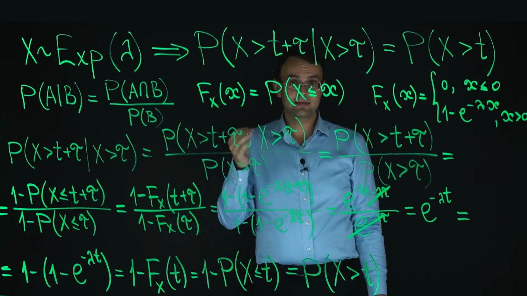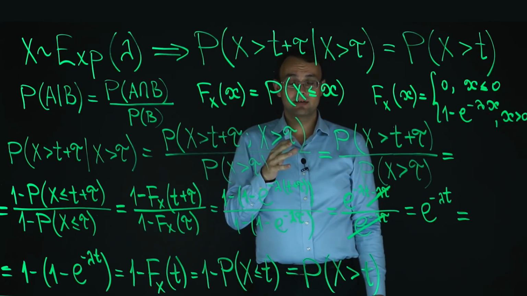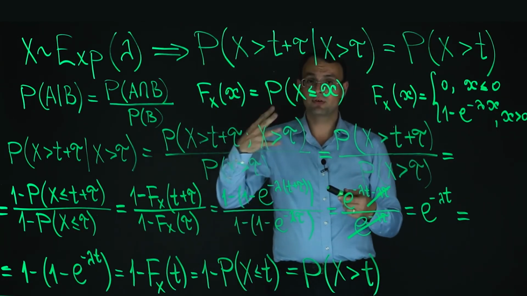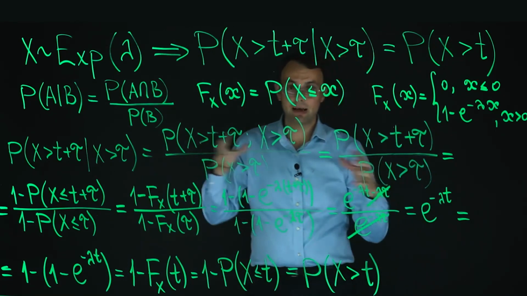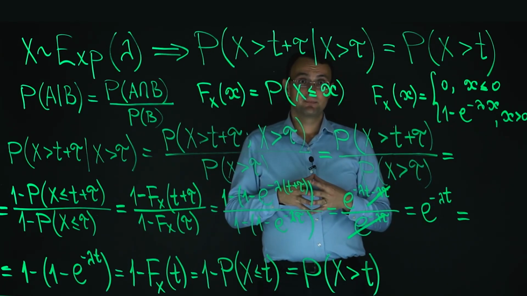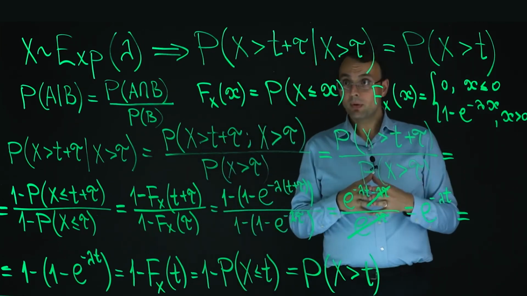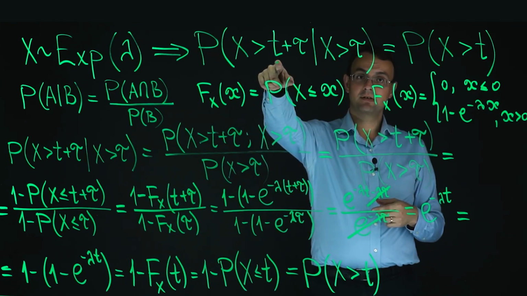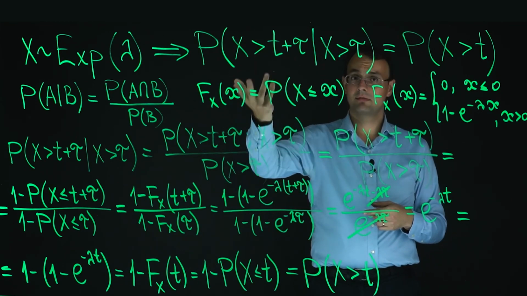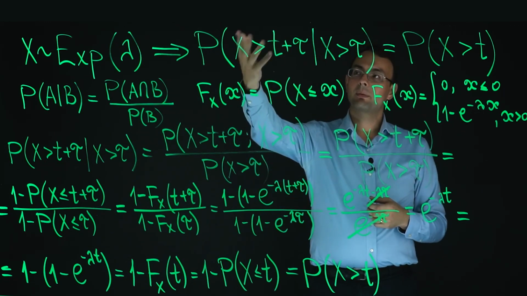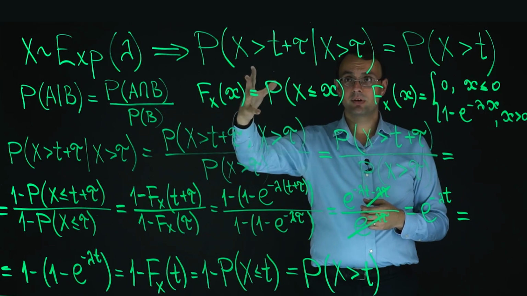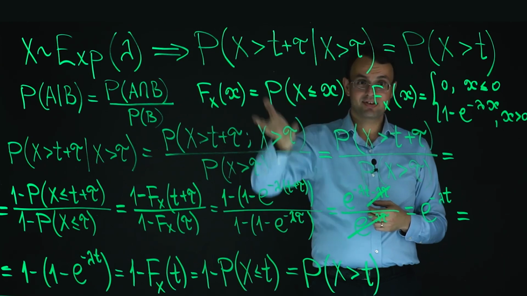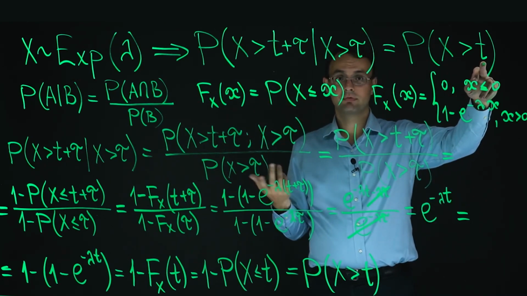So the exponential distribution is such a distribution that, if we describe it in terms of waiting time, in terms of the time we spend waiting for something, the probability to wait for t minutes more, or t hours, or t seconds, it doesn't matter, after we have already waited for some period is the same as just the probability to wait for t minutes.